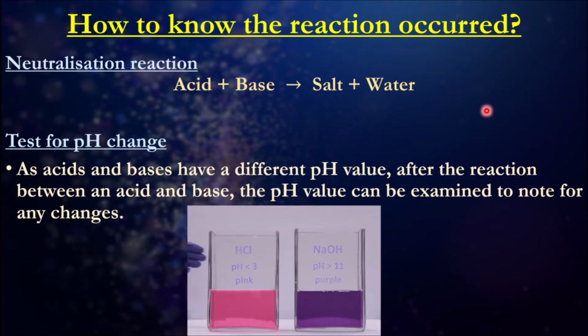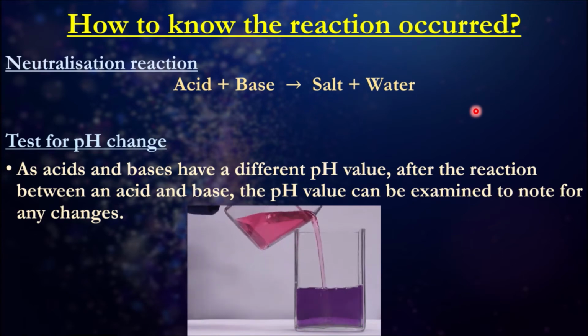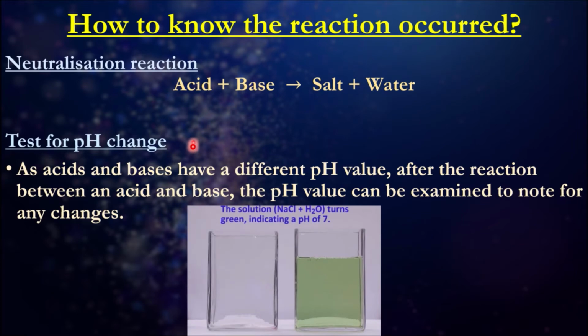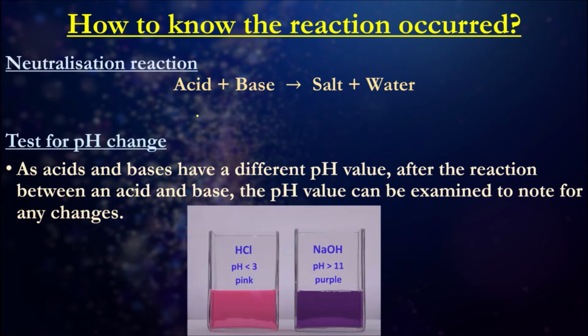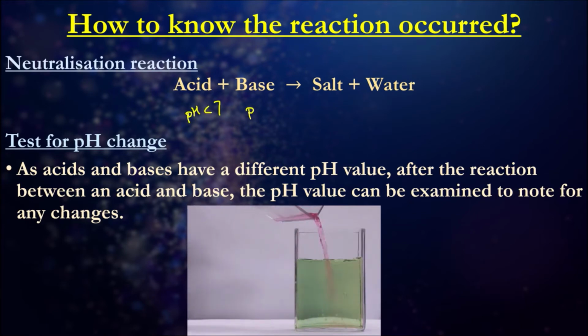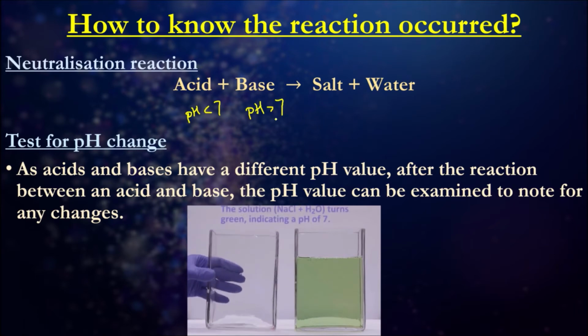Okay, so how do we know if a neutralization reaction has occurred? The best way is to look at the pH changes. We know that for an acid, the pH is always smaller than 7, whilst for a base it is always higher than 7.